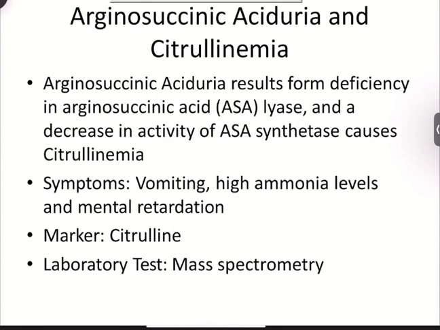Symptoms of this are vomiting, high ammonia levels, and mental retardation. So, bakit nagkakaroon ng mental retardation and vomiting? Because of your increased ammonia level. So, your ammonia is a waste product. That's why, no, accumulation of this can cause mental retardation and even vomiting. Marker, citrulline, laboratory test, mass spectrometry.